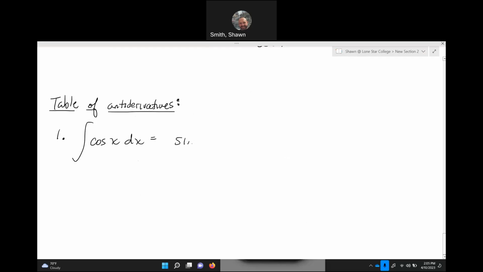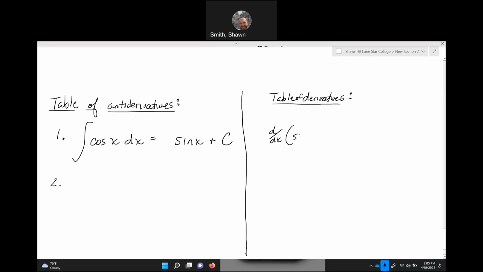So this is sine x plus c. And then I'm going to make a line that comes down, and we're going to put table of derivatives. Because the derivative of sine of x is equal to the cosine of x. Back and forth, right?